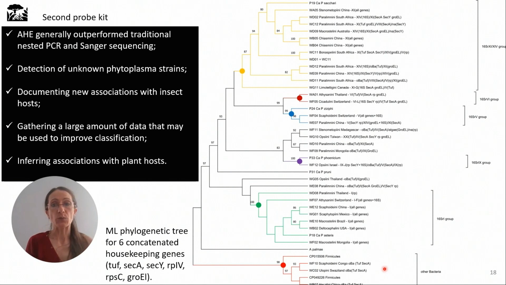With the second probe kit, we incorporated more phytoplasma loci, for a total of 129. Here I'm showing you preliminary results, and overall, HAE performed well at capturing data for 6 housekeeping genes.